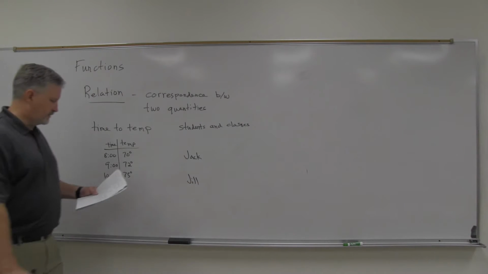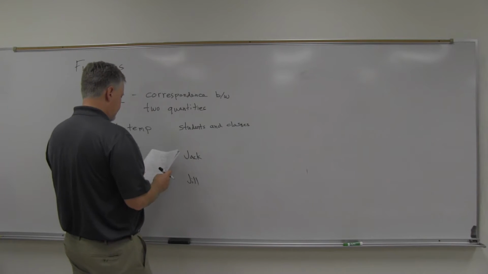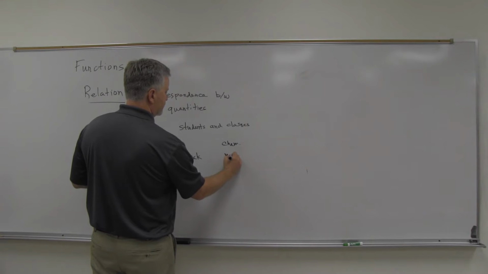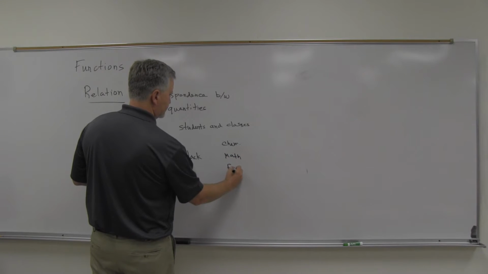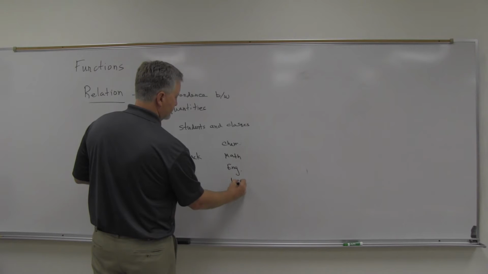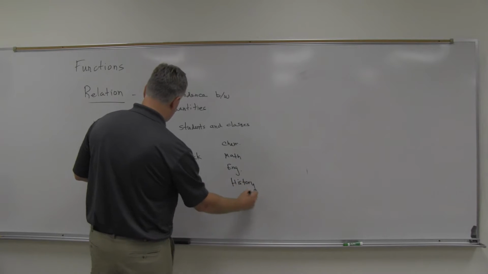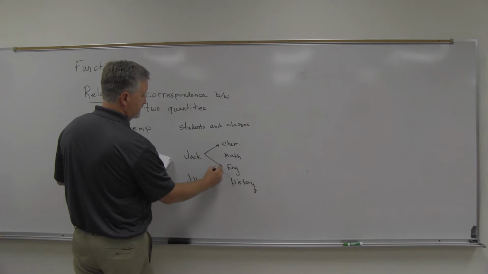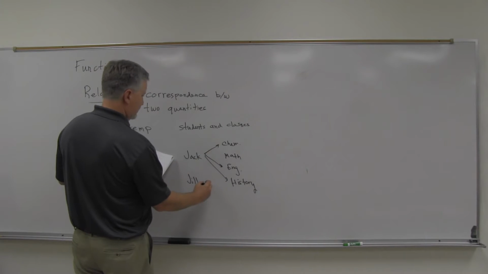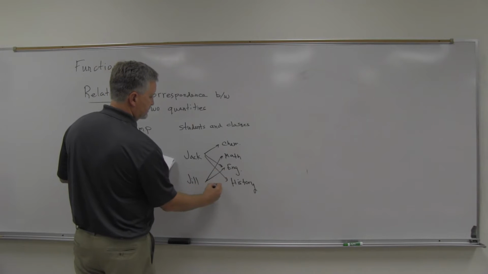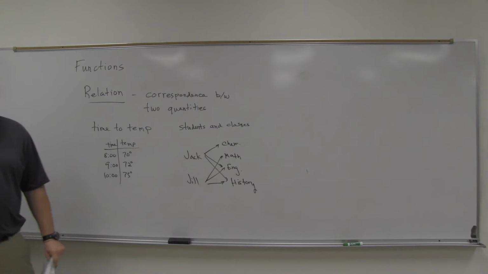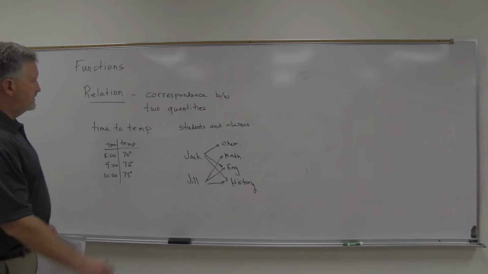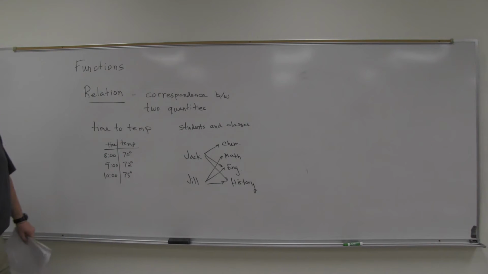So Jack and Jill, and then over here we're going to have our possible classes, chemistry, math, English, and history. Well, Jack's taking chemistry, English, and history, and Jill's taking math, English, history. It's called a mapping. And so that's another way that you can set up a relationship in mathematics.